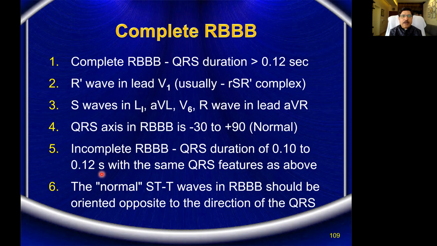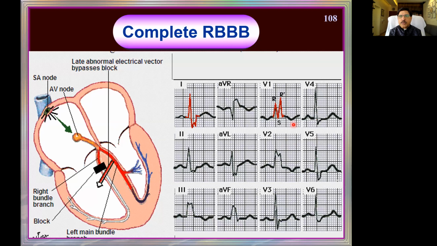So that usage has been terminated. But all the same, it means it has exceeded 0.08 but still not crossed 0.12. That's all it means. Normal ST-T waves in RBBB should be oriented opposite in direction to the QRS. See here, the QRS is up, the T wave is down. QRS mainly up.